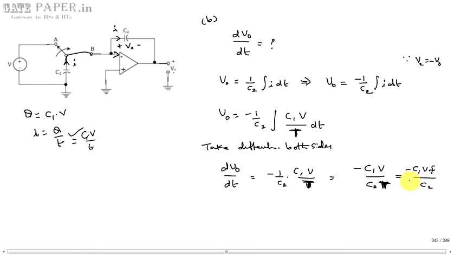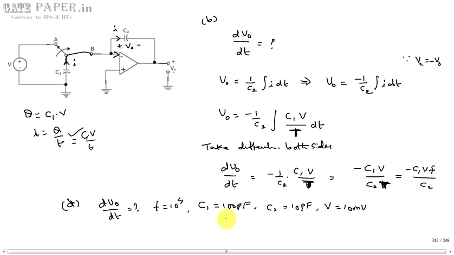So this will be the answer for the second bit, and the d bit is going to be the same as the b bit, because you are going to calculate dV0 by dt for the given values: f is equal to 10 power 4 cycles per second, C1 is 100 picofarad, C2 is 10 picofarad, and V is equal to 10 millivolts.